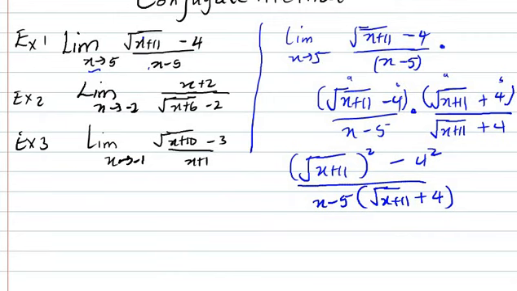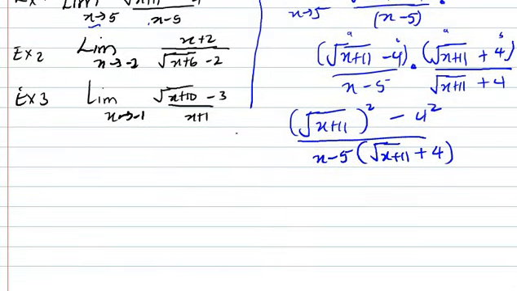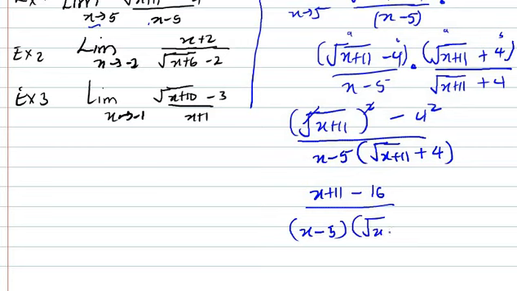We also say this to be equal to x plus 11, since the square goes with the root, then minus 16, all over x minus 5 times this, into root of x plus 11, sorry, x plus 11, and then plus 4.